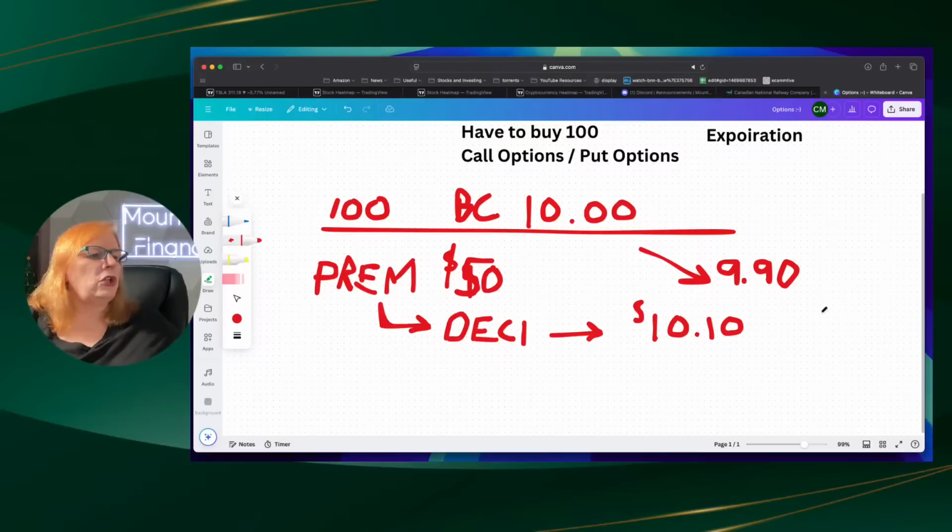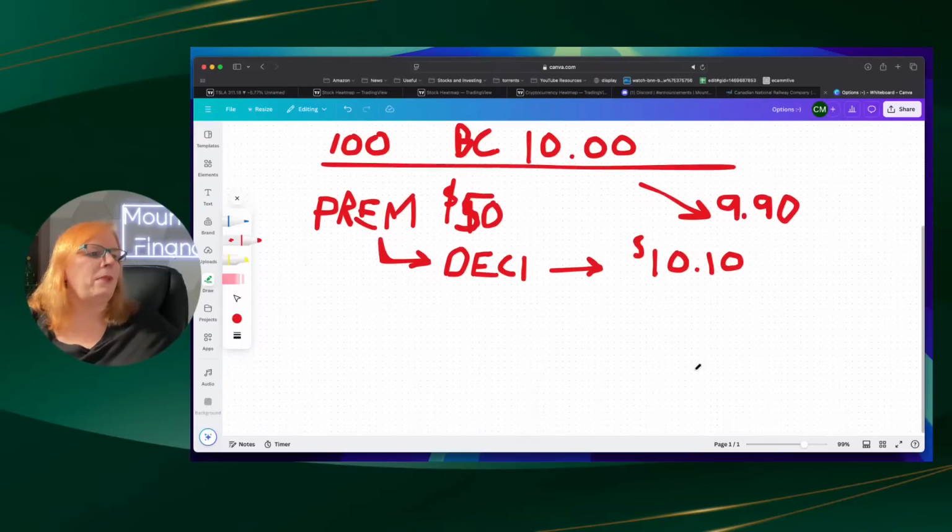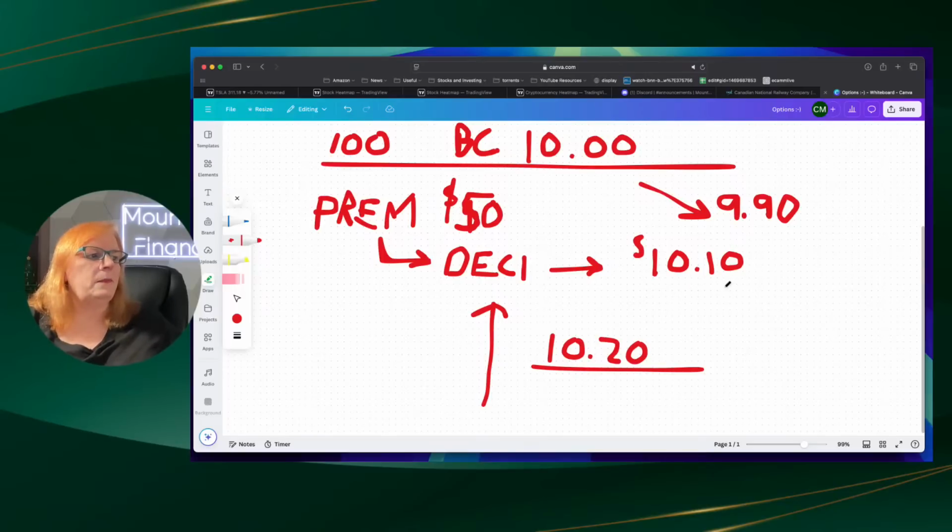So let's say the stock does go up. Let's say they're right, and it goes up to 10.20. Well, in that situation, you agreed to sell it at 10.10. And if on December 1st it's at 10.20, they can exercise it.